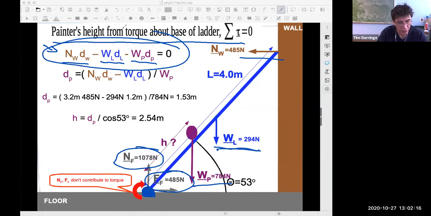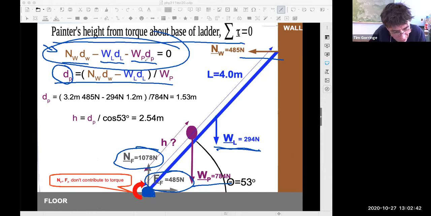The only thing we don't know is the lever arm of the painter. And so I can rearrange this to calculate, in terms of all the other quantities, the lever arm of the painter. So we can solve for the maximum lever arm of the painter before the ladder will fall.